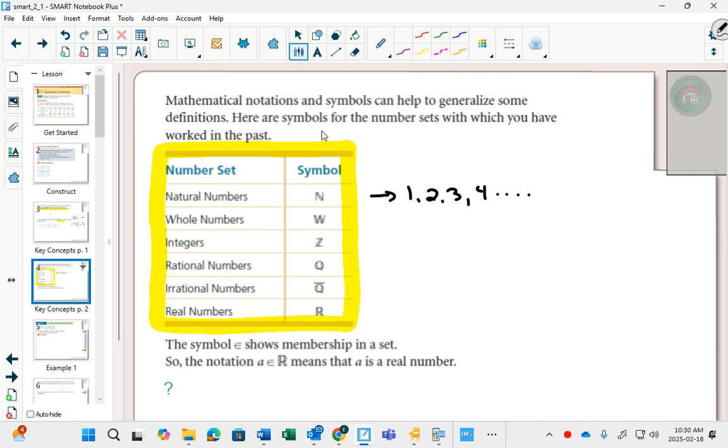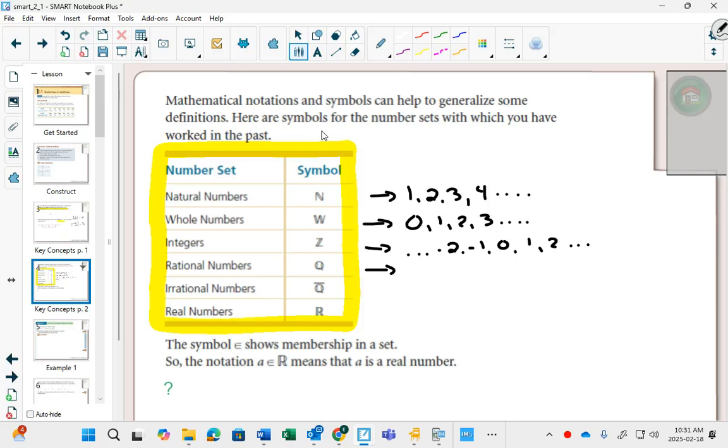Your whole numbers add in 0. Integers are positive and negative whole numbers. So now the dot, dot, dot has to go on both sides because it continues forever to positive infinity and continues forever to negative infinity.